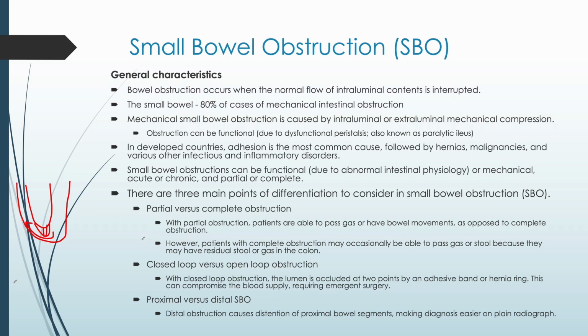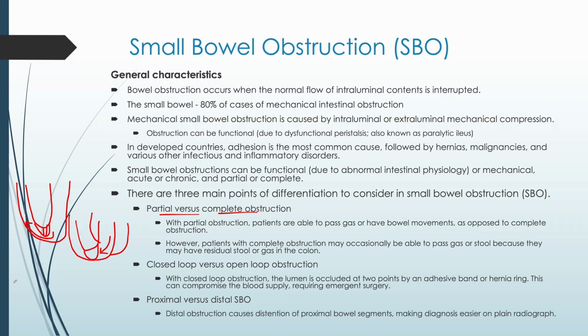So that's partial. A complete obstruction is where the intestinal lumen is completely blocked off, and nothing is going to get through. So this starts getting big, filled with fluid and air, becoming distended and causing discomfort. That's essentially the difference between partial and complete obstruction.